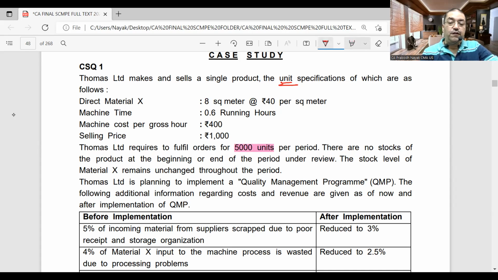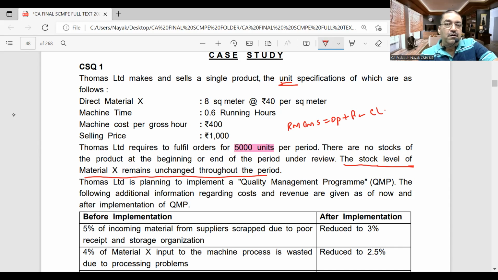Now, what is the meaning of this? Stock level of material X remains unchanged throughout the period. See, for materials, I know a formula: raw material consumed is equal to opening stock plus purchases minus closing stock. We have done this in Inter.